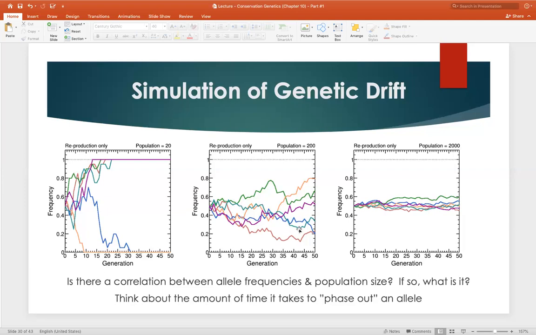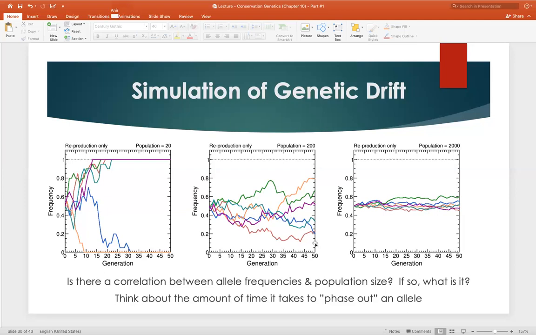The idea here is that though nothing has reached fixation and nothing has been lost, we're seeing a drastic change in the frequency of some alleles in comparison to the others. So seeing this randomization over time occurring, where some of them appear to have higher frequencies than others. And what does that mean?